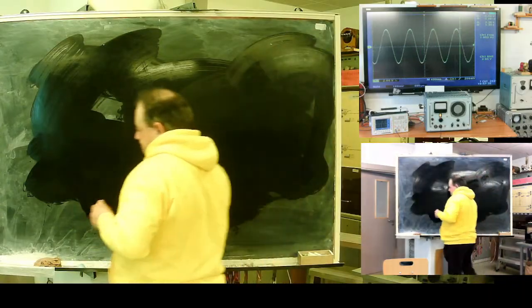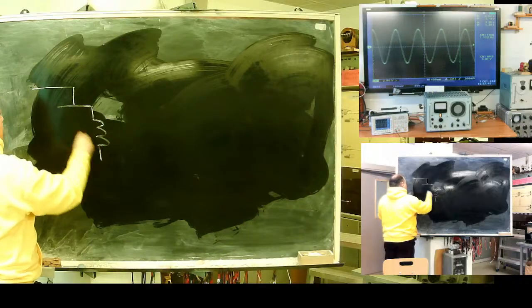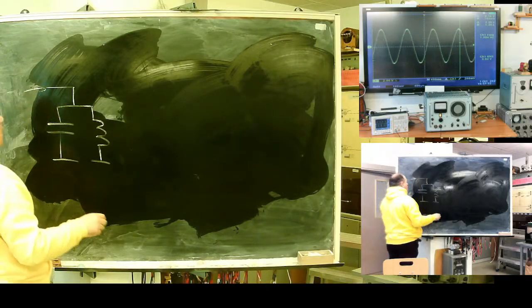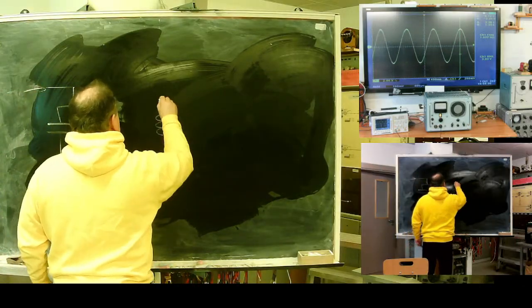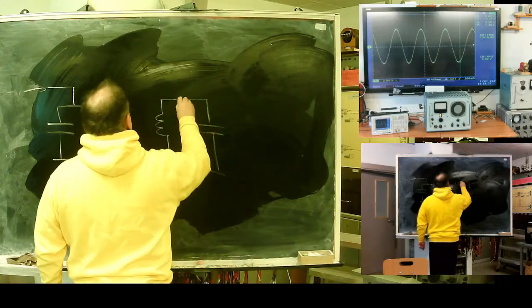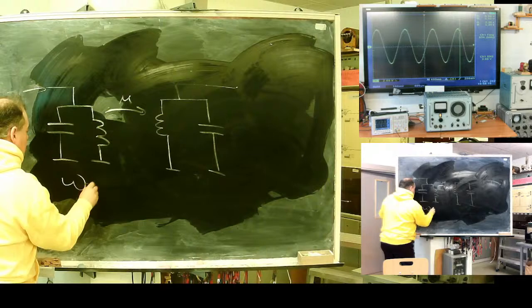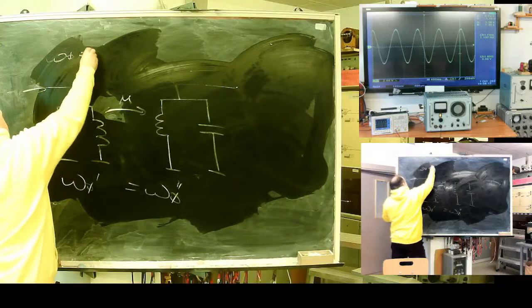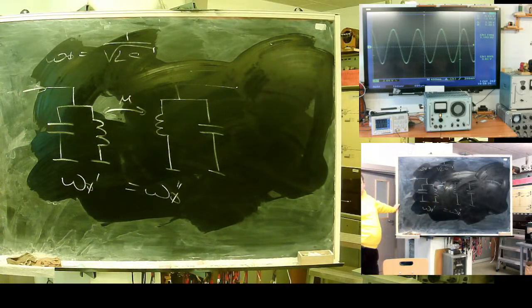In general, if needed, input 1, omega 0,1 equals omega 0,2, omega 0,1 is 1 over the square root of LC. Two tuned circuits, both tuned in resonance, without coupling.